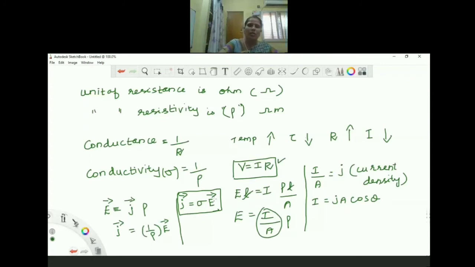Next, we completed drift velocity. The very important term now is mobility, because at the beginning of the session I discussed charge carriers.